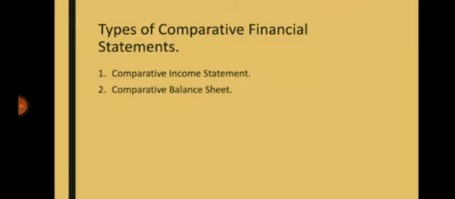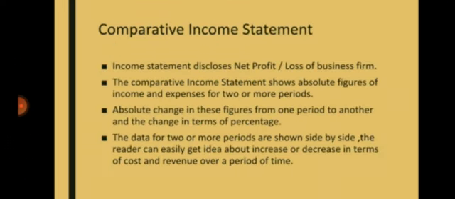There are two types of comparative financial statements. First one is comparative income statement and second one comparative balance sheet. Now we'll discuss comparative income statement. As all of us know, an income statement is prepared to find out whether the firm has earned profit or loss. So the income statement discloses the net profit or net loss of the business firm.